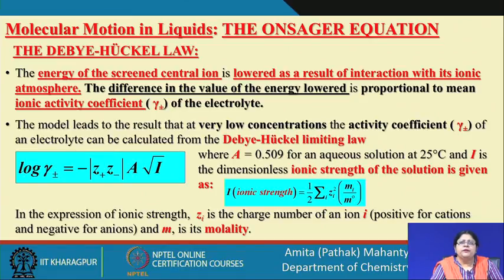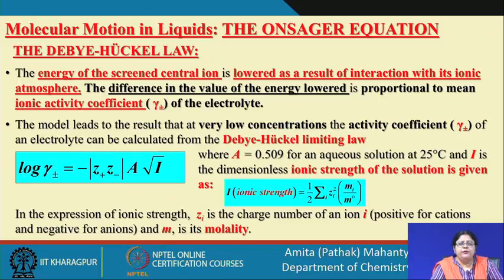Okay. So, this model led to the result that at very low concentrations of the electrolyte, the activity coefficient of the electrolyte can be calculated by the Debye-Huckel limiting law.